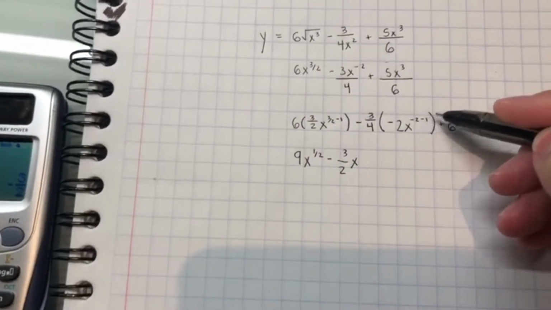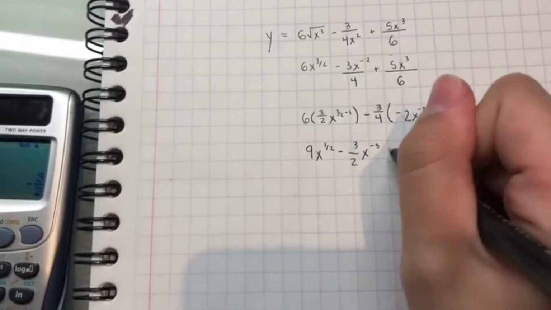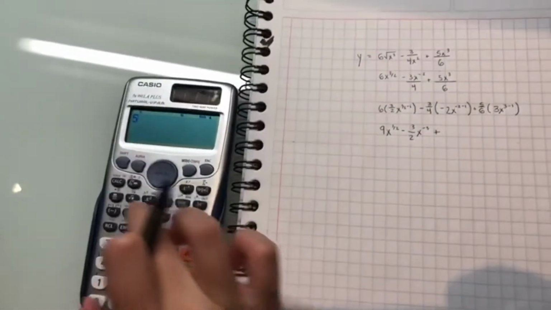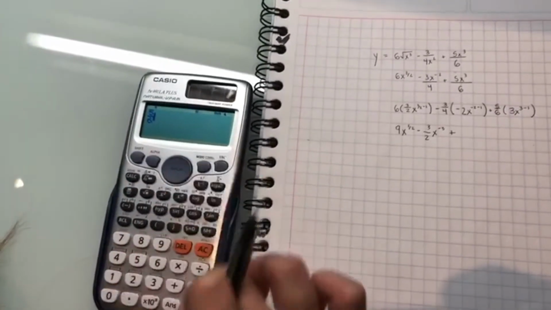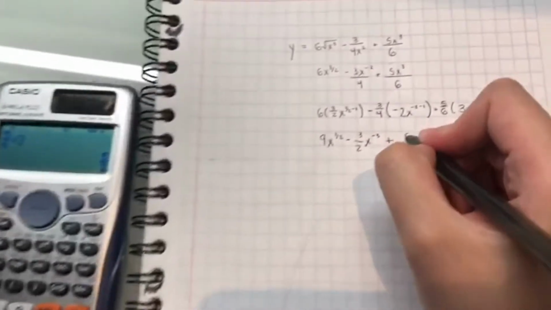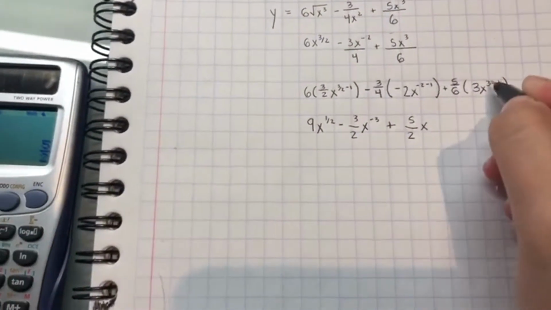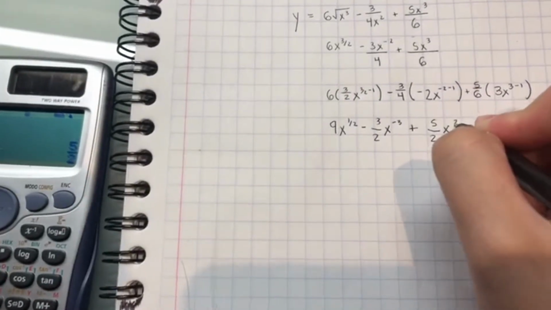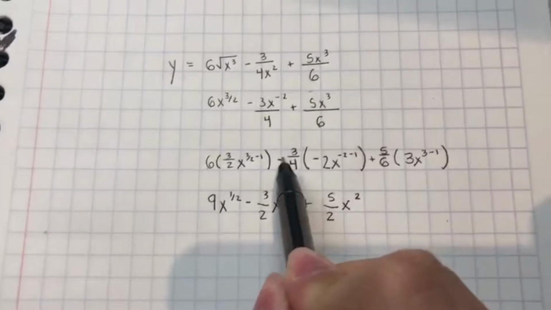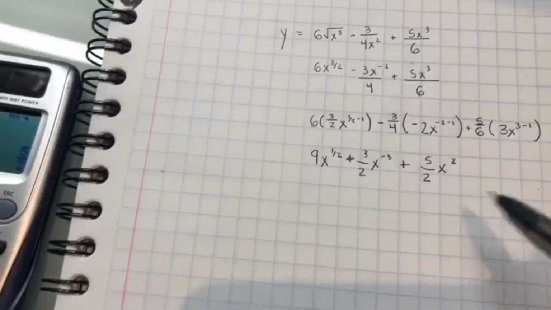Negative 2 minus 1 is equal to negative 3, plus 5 over 6 times 3, 5 over 2, x, 3 minus 1, 2. Make sure to be careful with the sign. So here it's going to be plus 3 over 2.